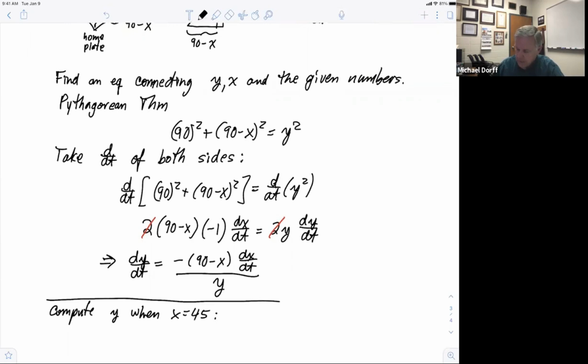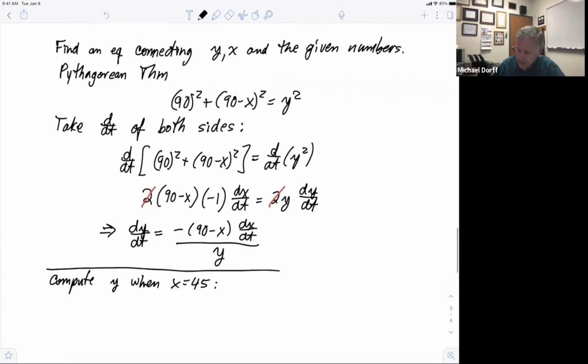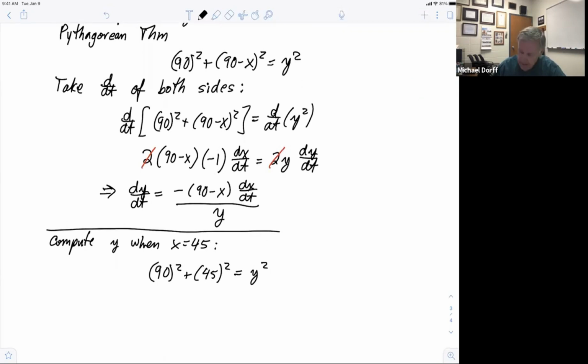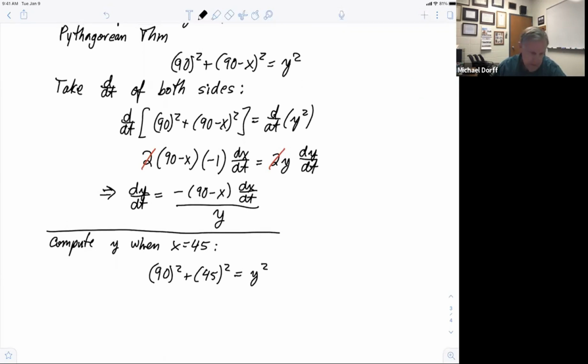All right, so using the Pythagorean theorem, I've got 90 squared plus 45 squared is going to equal y squared. And when I solve this, I'm going to end up with y equaling 45 times the square root of 5. So I'm going to use that.